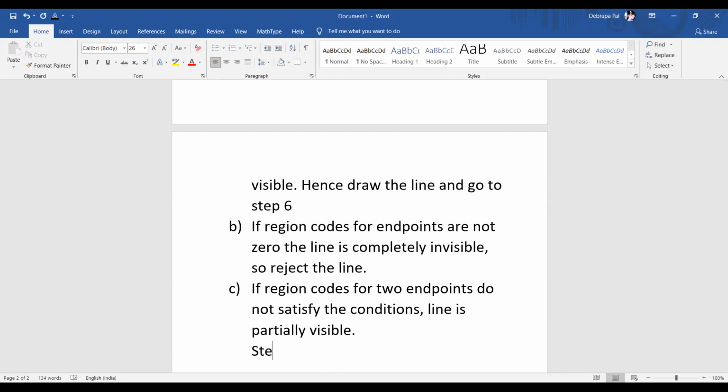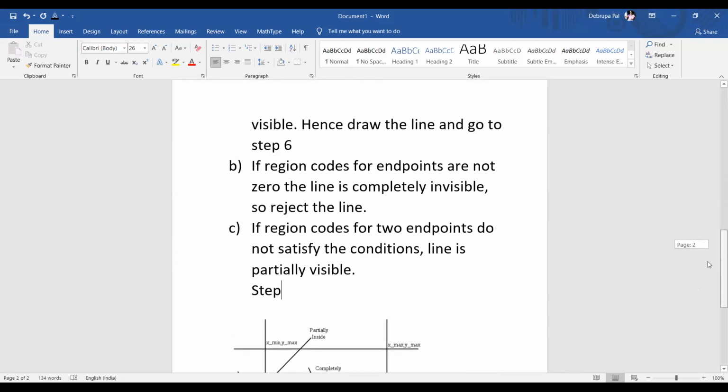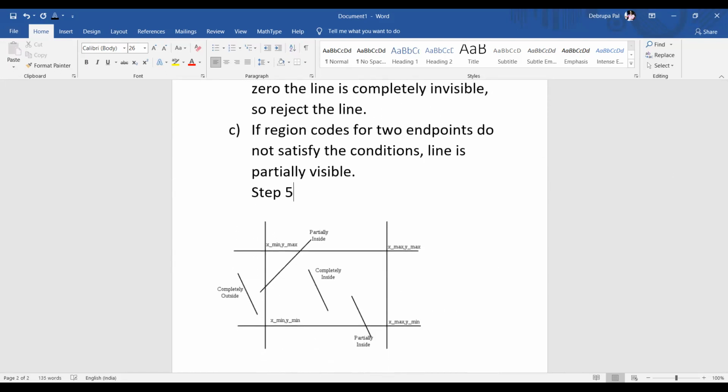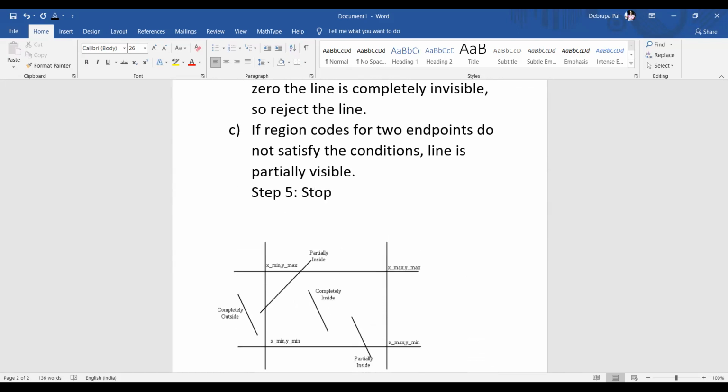What is the next step? These are the sub steps of the line. The next step is stop. So these are the steps of the midpoint subdivision line clipping algorithm.